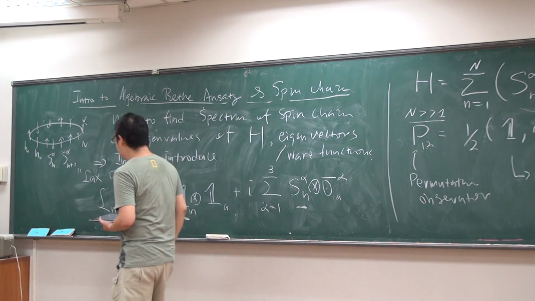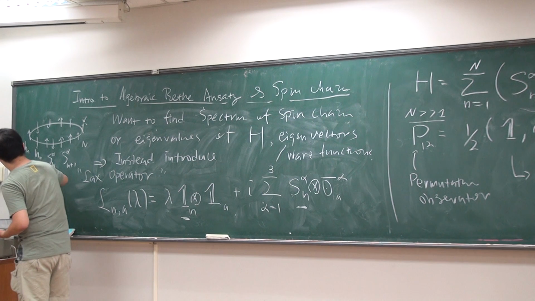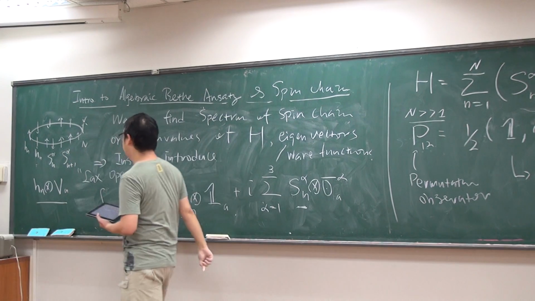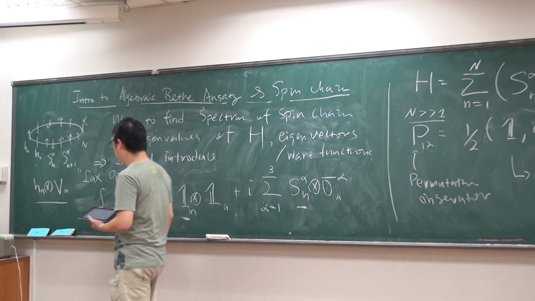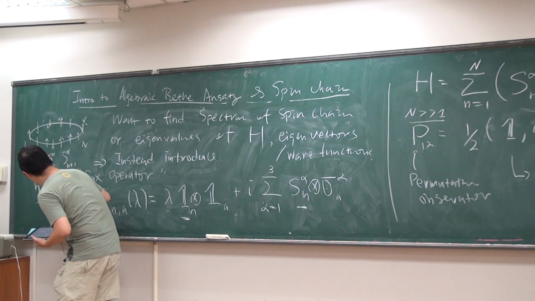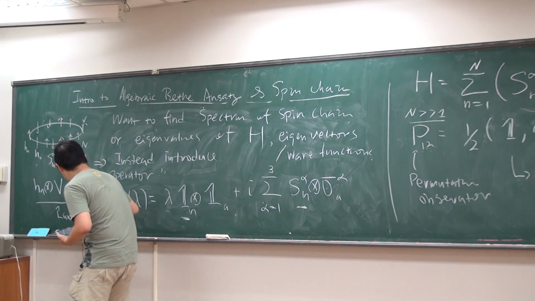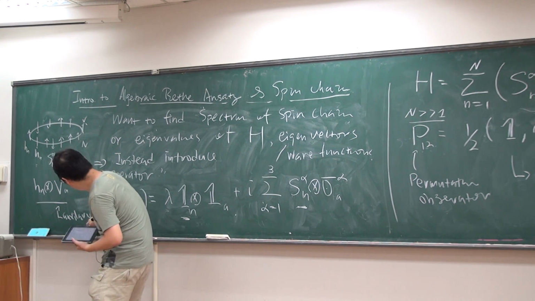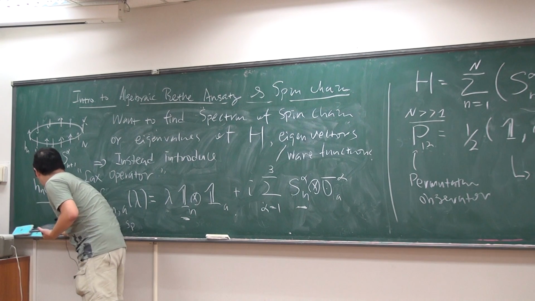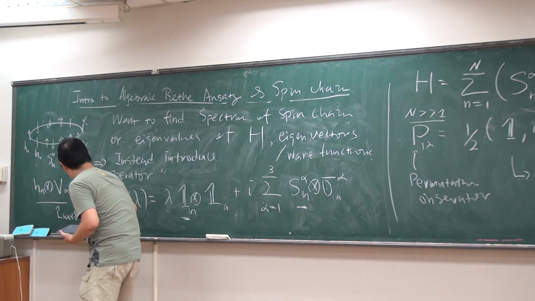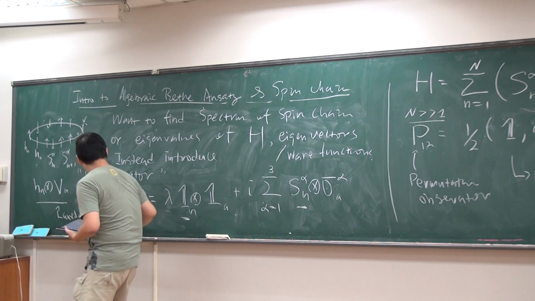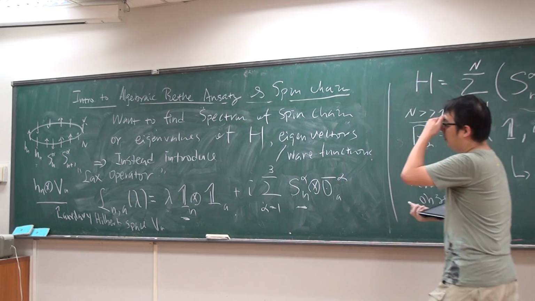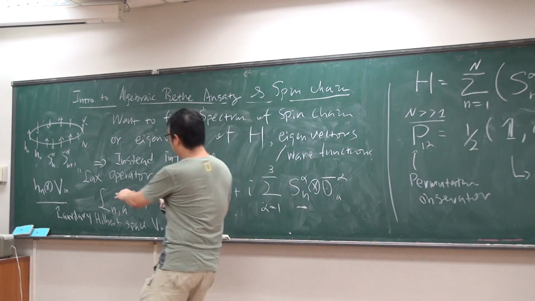However, to each of those lattice sites, we attach something called an auxiliary vector space, or auxiliary Hilbert space, which I denoted as VA.